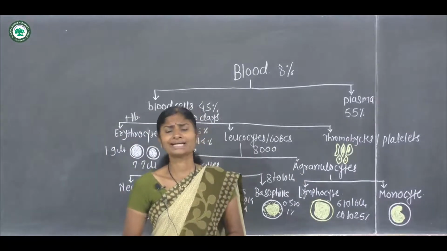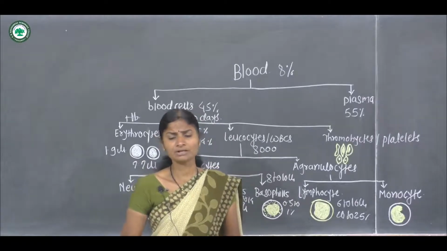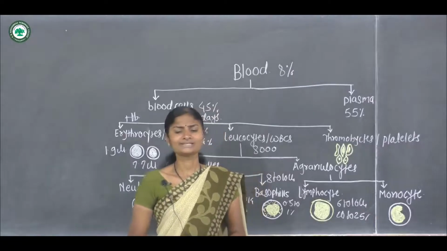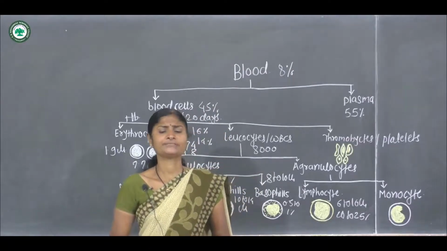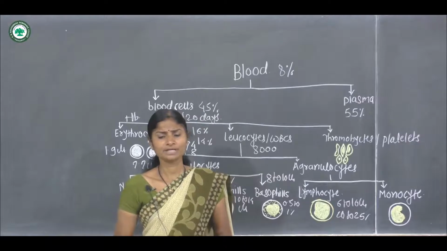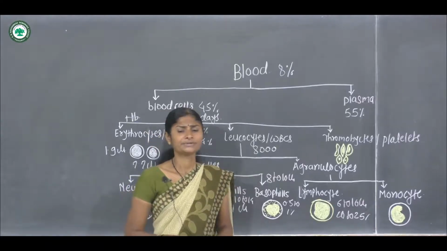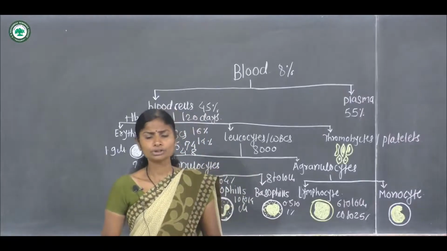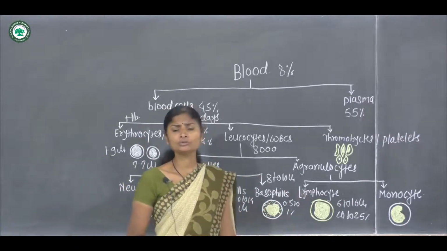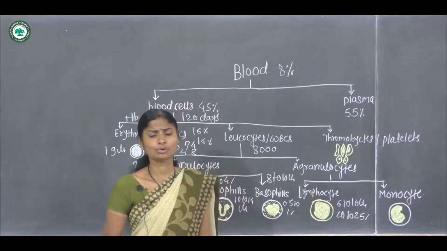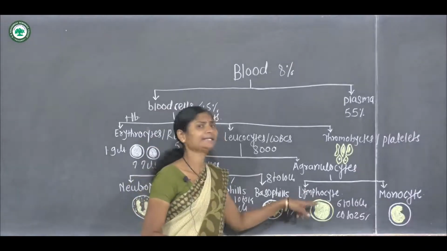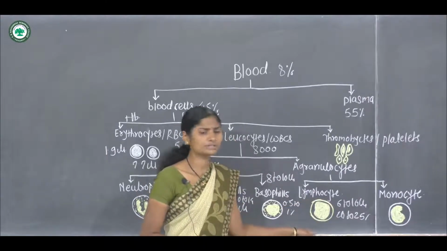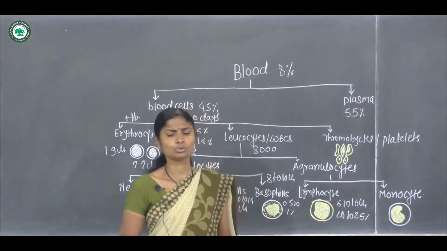They have a relatively large spherical nucleus with a slight indentation on one side. The cell shows different sizes in peripheral blood, representing different functional stages. They have an important role in the mechanism of immunity, producing antitoxins, and antibodies are produced by the lymphocyte.